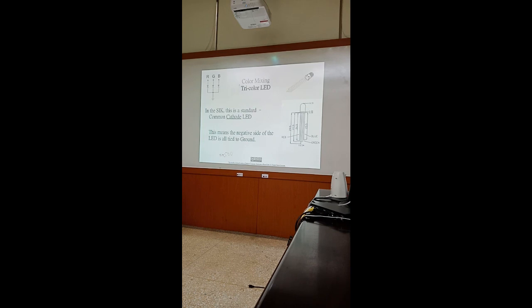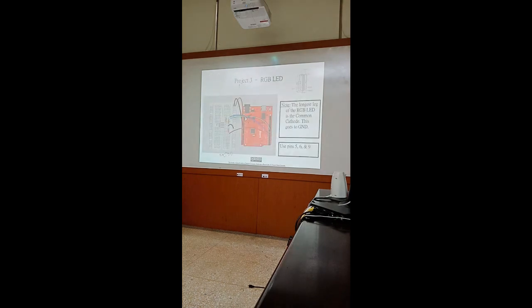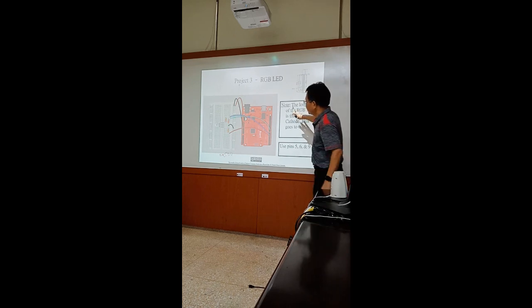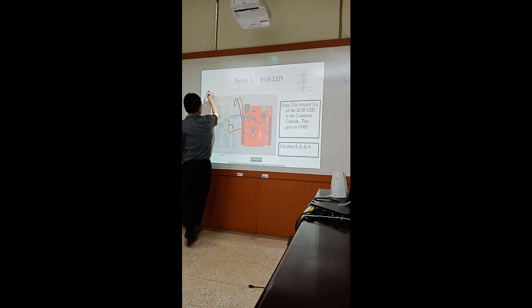Then we will try this. This will be connected to ground. And here, for each color, you use your code to control it. The circuit becomes like this.